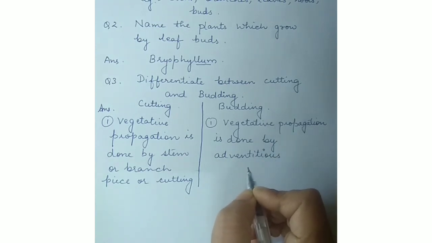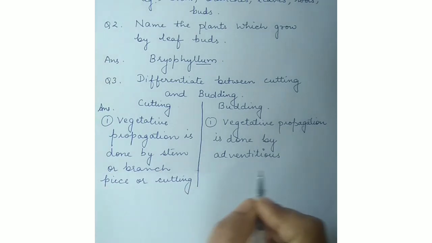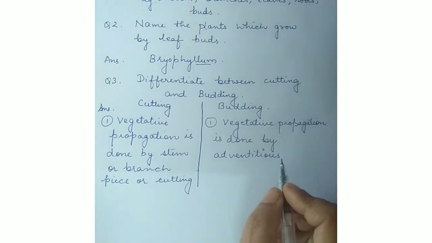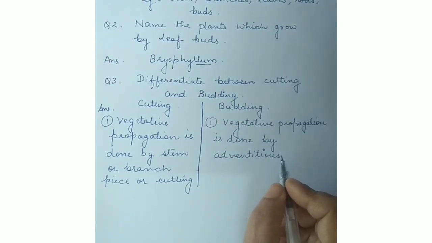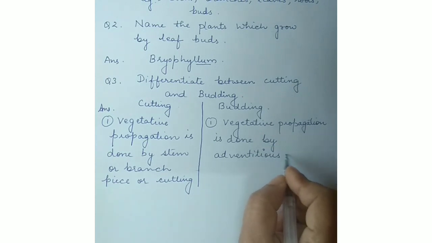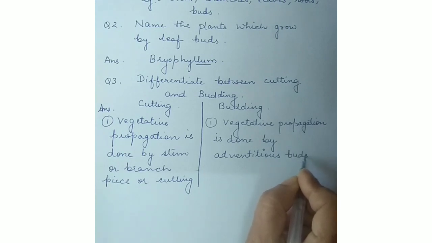Adventitious means fibrous. All the roots are rising from the same point. Okay, same basal point is there. Fibrous roots are also known as adventitious roots. Now, vegetative propagation is done by adventitious buds in case of budding.